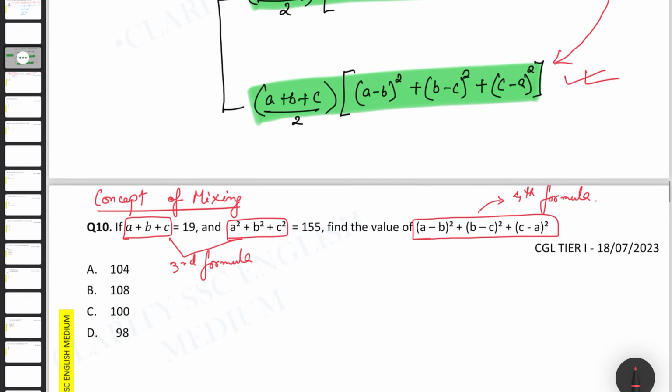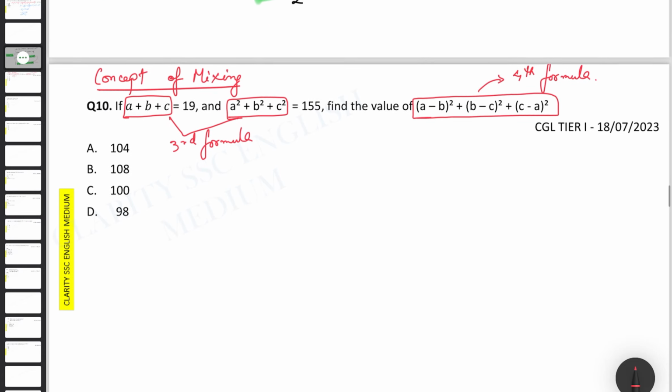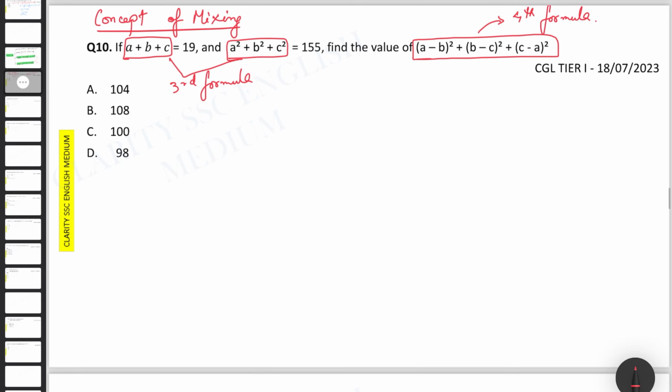Let me write here. What does the third formula say? The third formula is a plus b plus c divided by 2 into thrice a square plus b square plus c square minus a plus b plus c whole square.